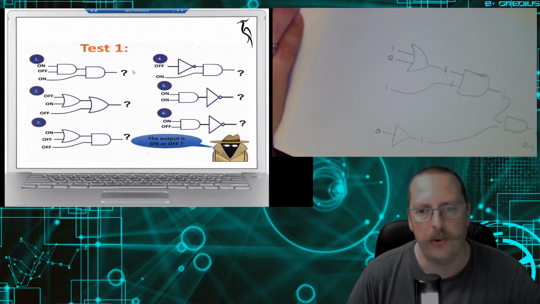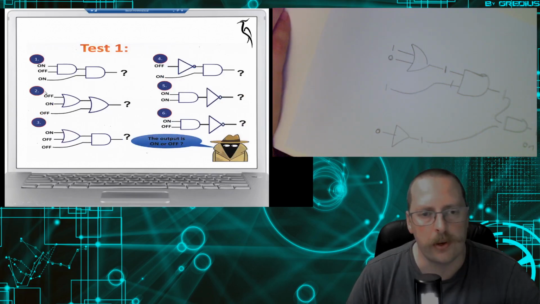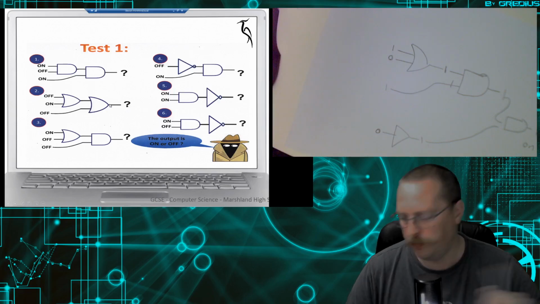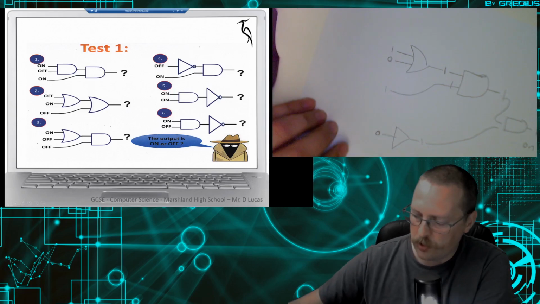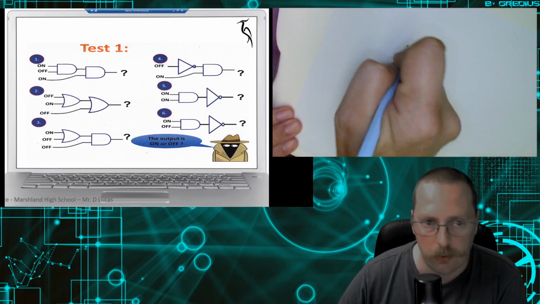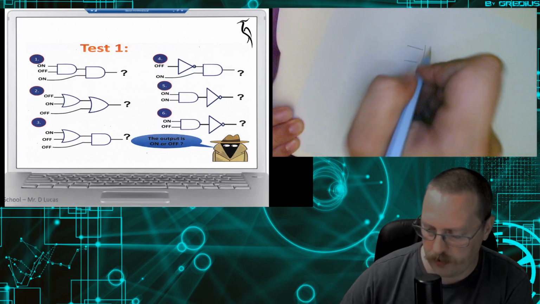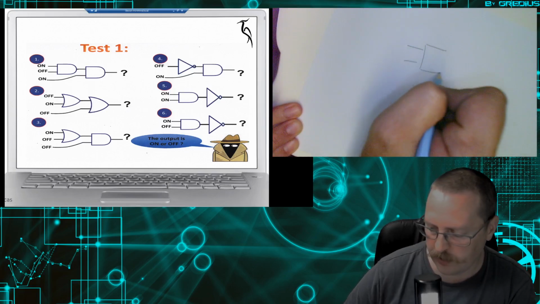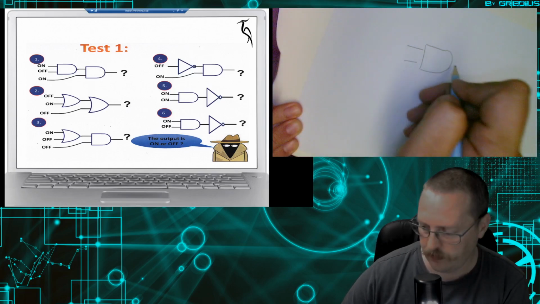So I've got a series of them here that you can pause the film, work these out, and you need to know the answer for each one of these. I'm going to do the first one with you just as a recap. So again, we've got this shape here that looks like a D, so it's an AND gate.